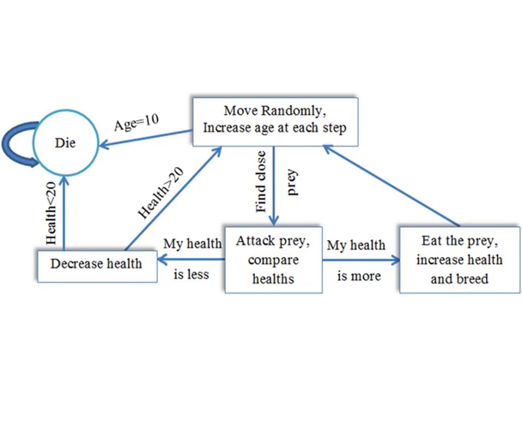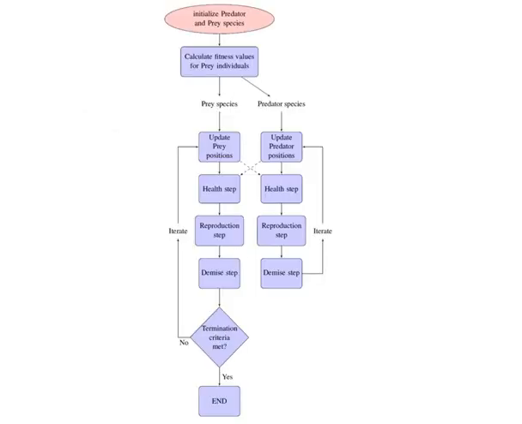If your health is more, eat the prey and increase your health. Else, the prey will escape and your health will be decreased. If your health is less than a given threshold, you will die. Here you can see the interaction between the predator and the prey species. Both species will interact with each other until a termination criteria is met.